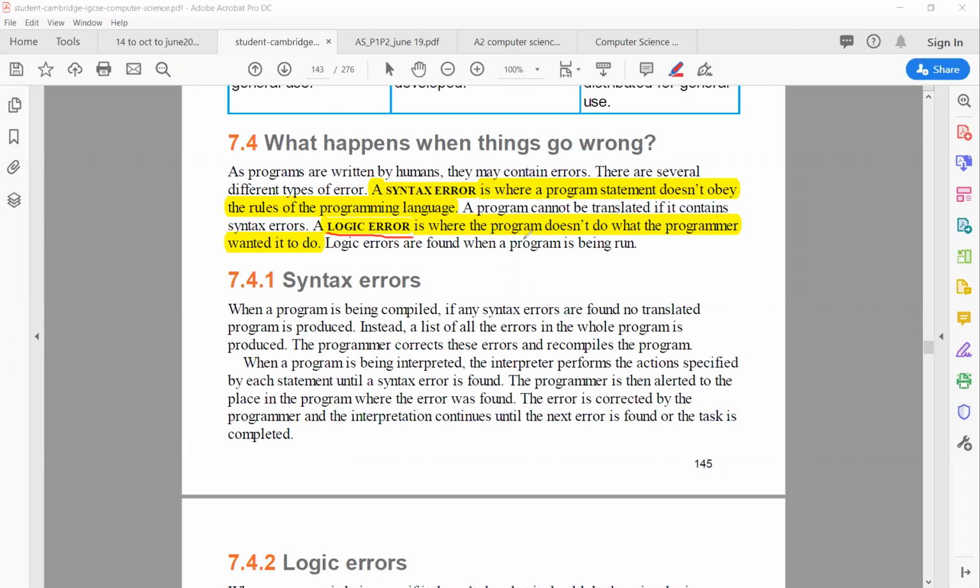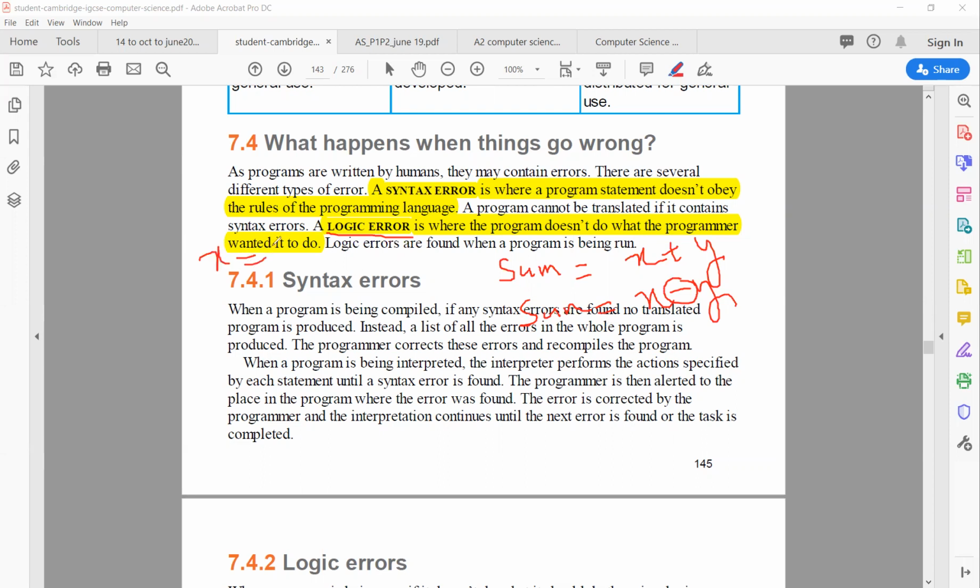are errors where the program doesn't do what the programmer wanted it to do. What does that mean? For example, the user wanted to find the sum of two numbers like x and y, but he made a mistake. Instead of writing a plus operator, he has written a minus operator. Now the computer will not be able to trace such an error, but the computer will show a wrong result.